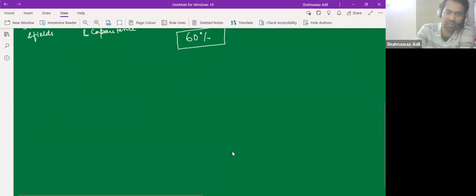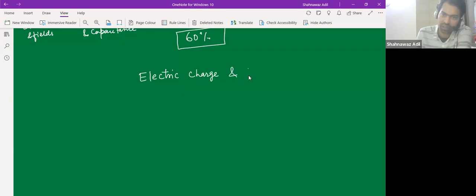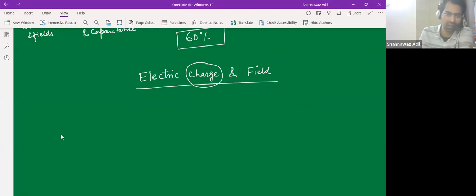Okay, so then let us talk about this first chapter, which is electric charge. So we are talking about the charges at rest. First let us understand what this charge is. So first is the definition of charge. What is charge?